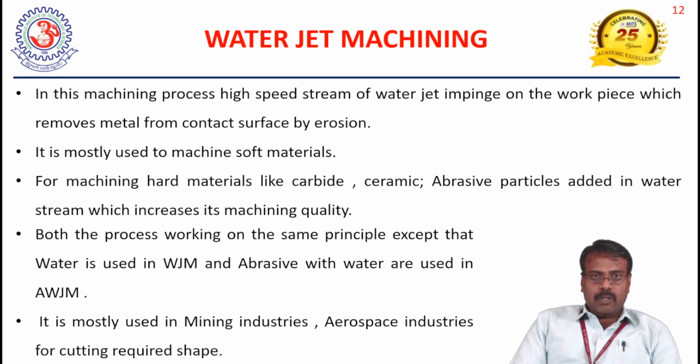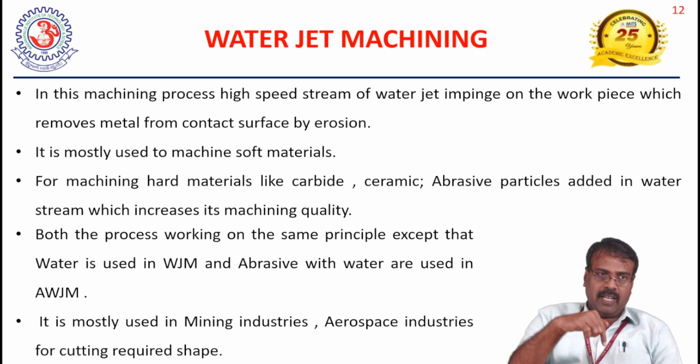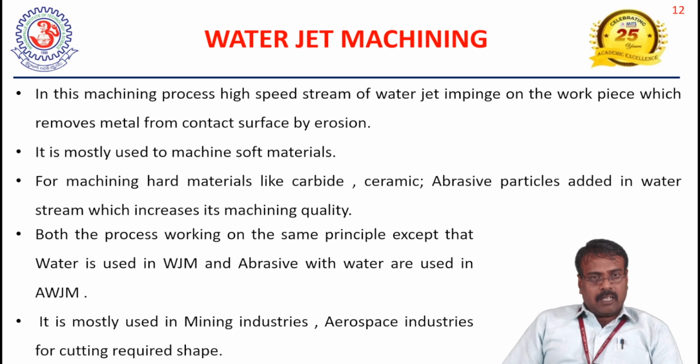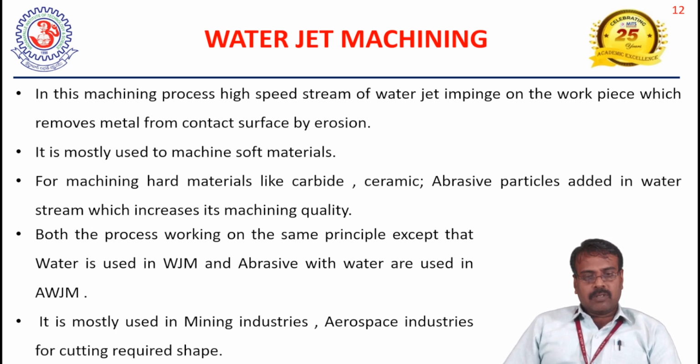Where I want to do a profile, we can take it completely, and complex shapes also we can produce with the help of water jet machining. For machining hard materials like carbide and ceramic, abrasives also can be used. Both processes work on the same principle, the water jet as well as the abrasive water jet. But what is the difference?